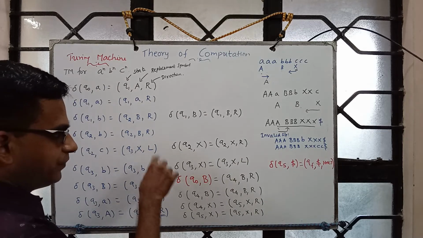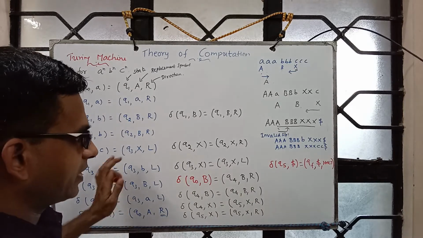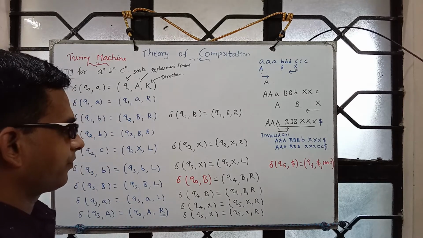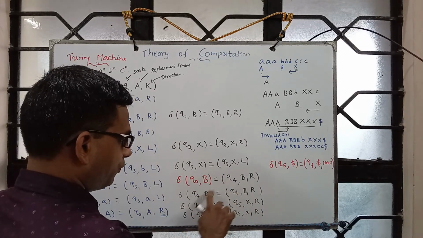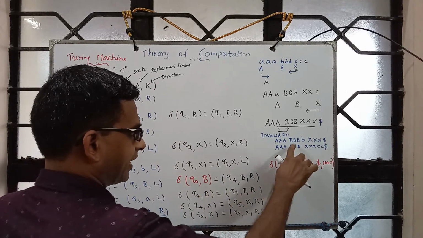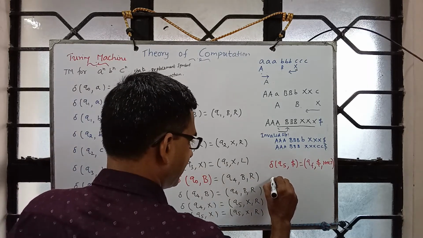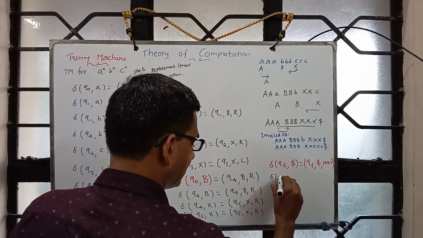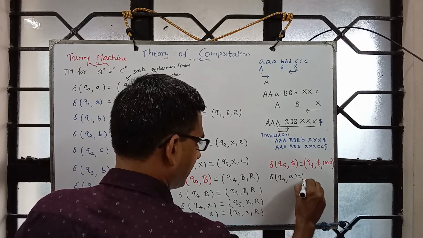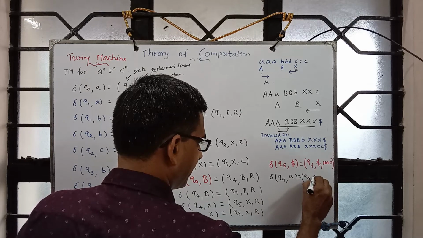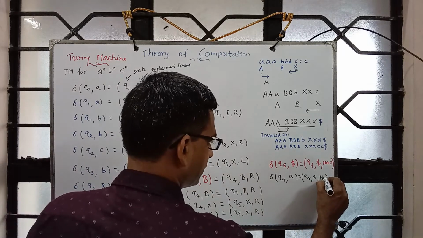Okay, so let's fill those parts. With that, this description is complete. Fine. So now with the help of Q4, we are scanning these capital B's. Supposing while scanning I come across a little a, then it must reject and stop the machine: halt.